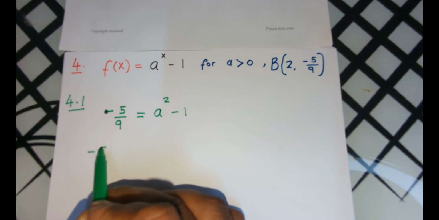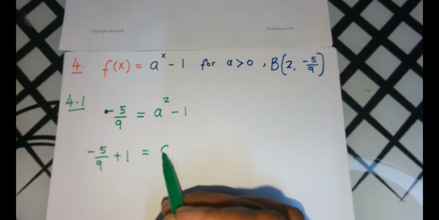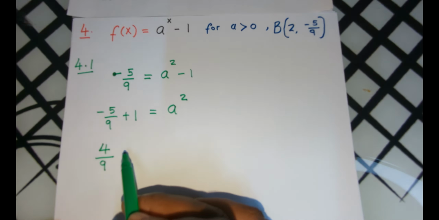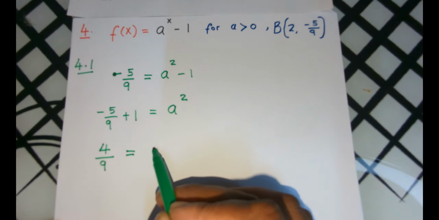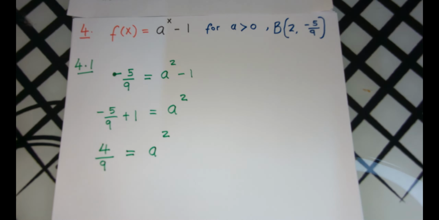It will be negative 5 over 9 plus 1 is equal to a to the power of 2. Simplify the left side. 1 can be written as 9 over 9. So 9 minus 5, that's 4, with a common denominator of 9, being equal to a to the power of 2. Now let's find the square root on both sides.